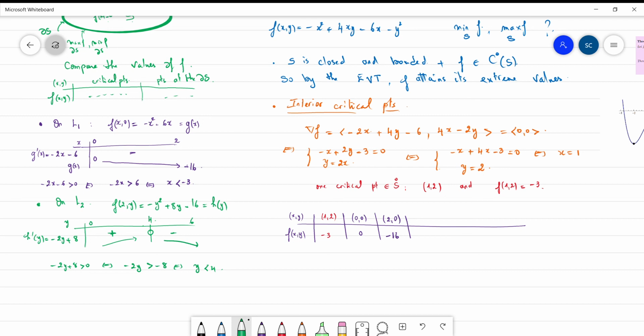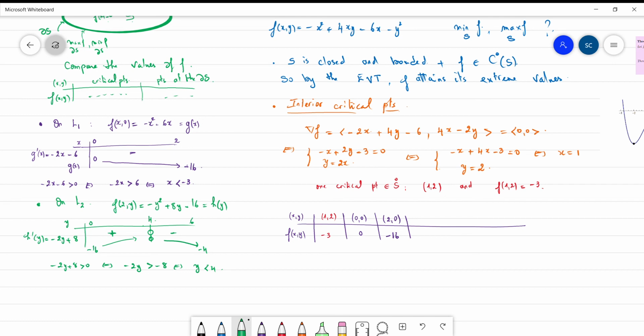At 0, we will have minus 16. At 4, we will have the value 0 if you compute it, and at 6 we have minus 4. So let's gather again these values. For y equals 0, we had the value minus 16, and it is the point (2, 0).